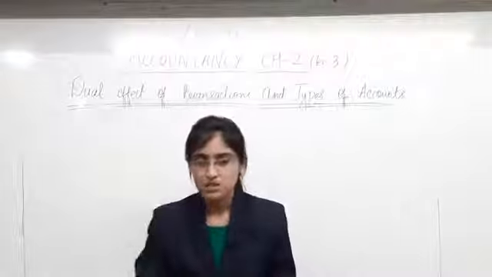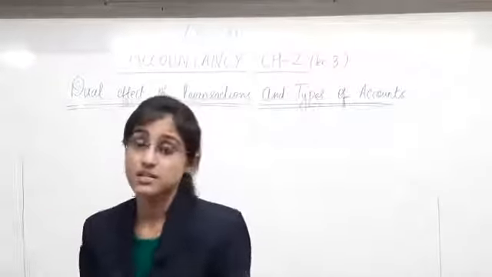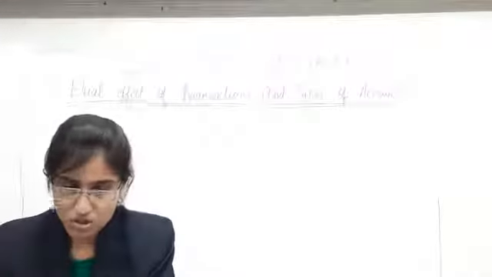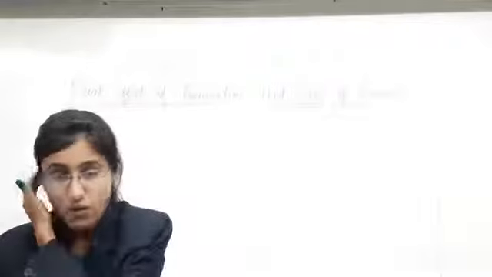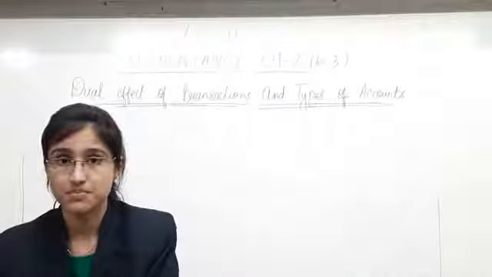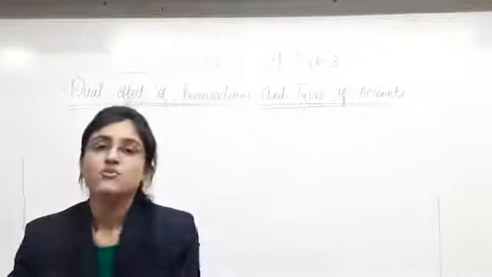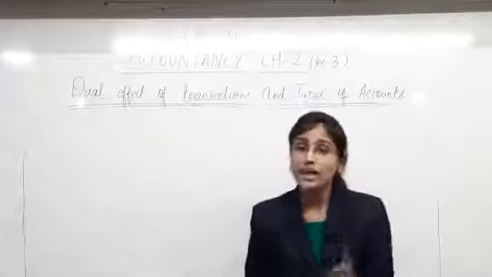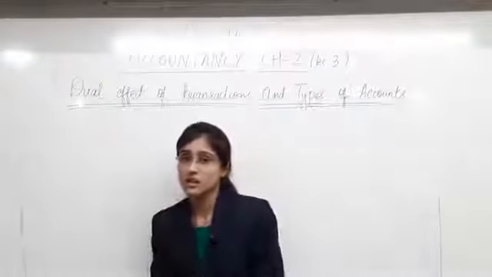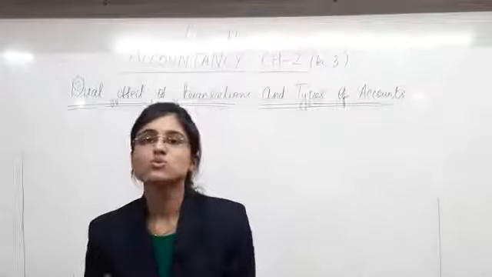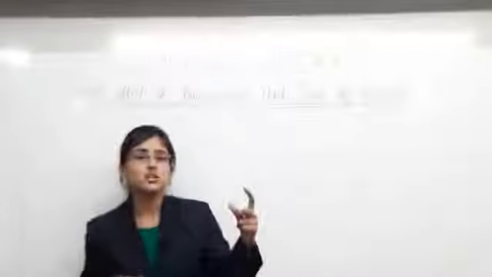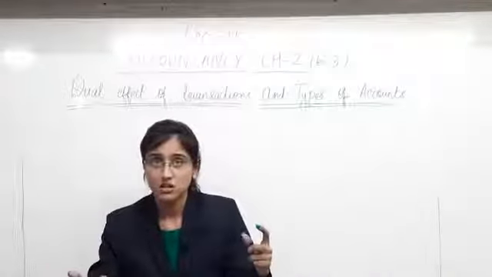Starting with the first transaction, it says goods sold in cash for rupees 500. If you remember the points for identification of a cash transaction and credit transaction, only then will you be able to recognize that this is a cash transaction, this is a credit transaction.